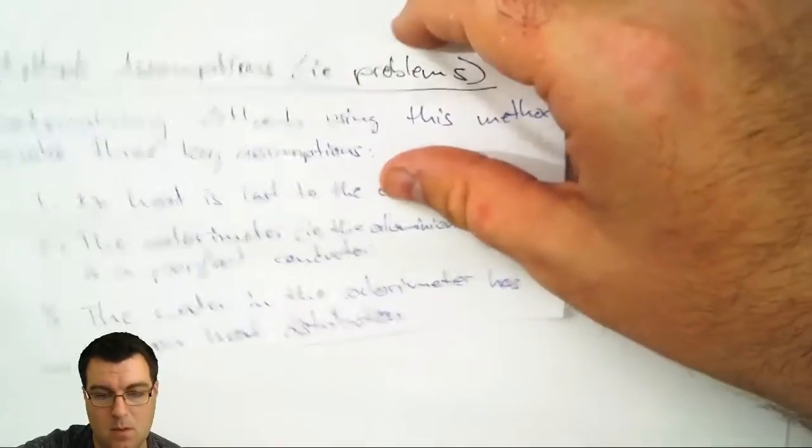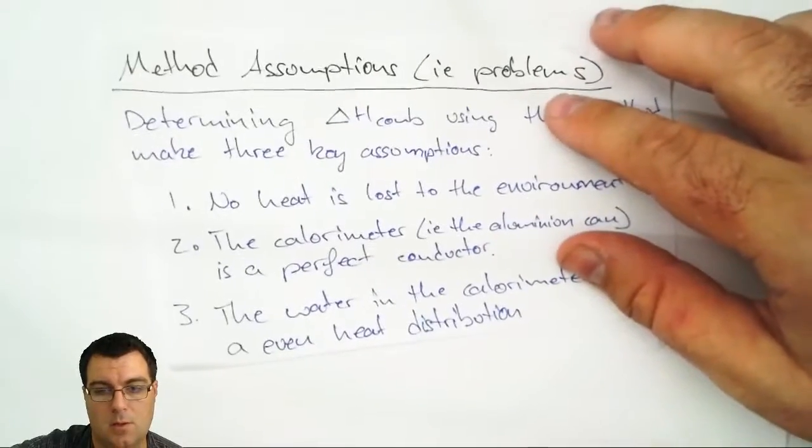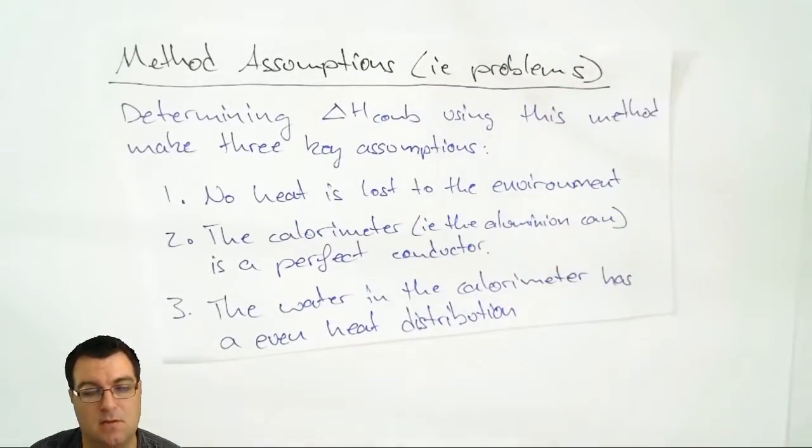When we talk about using the described method for finding the molar heat of combustion, this is the method we're going to be using in the school laboratory. There are 3 key assumptions you need to be aware of, and you should read these. They are made so we can calculate a very good estimate of the molar heat of combustion, but they introduce problems, so we won't have the most accurate value. We still find a valid result.